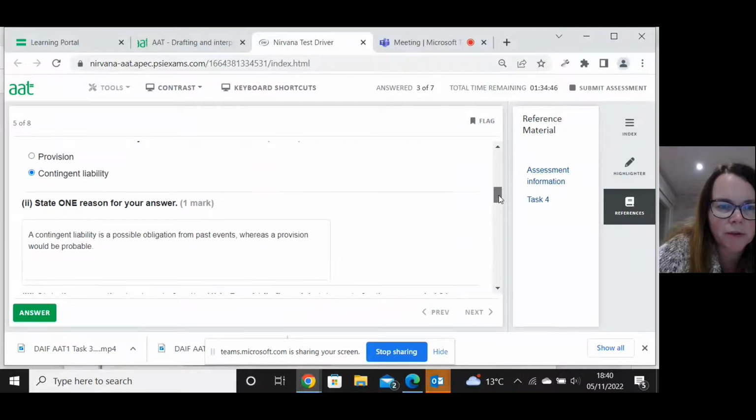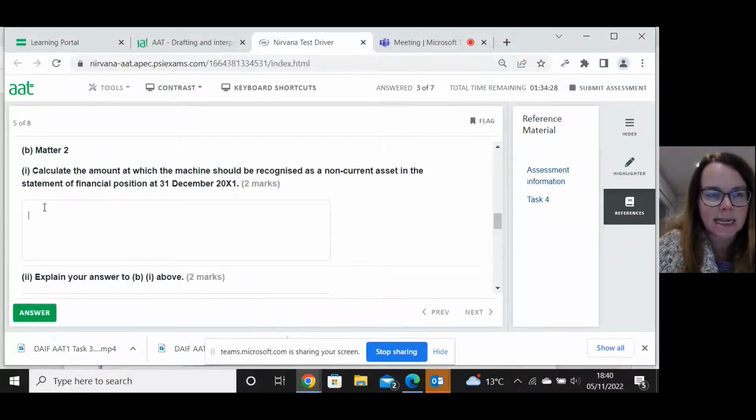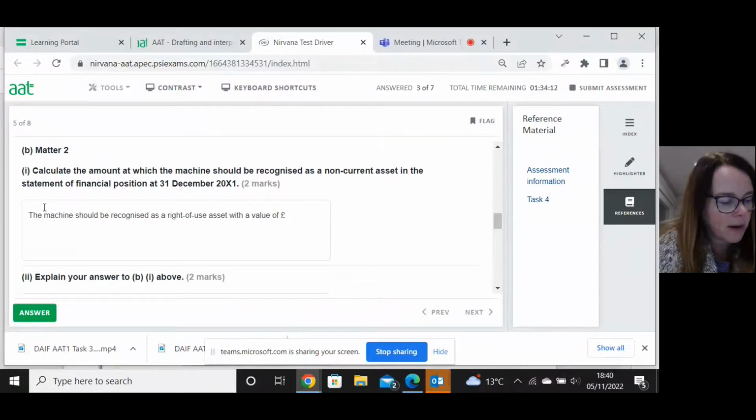Right, so kind of thought about what's going on there. So let's see what the question asks. Calculate the amount at which the machine should be recognized as a non-current asset in the statement of financial position. Right, so we have said the machine should be recognized as a right of use asset with a value of 8,925.